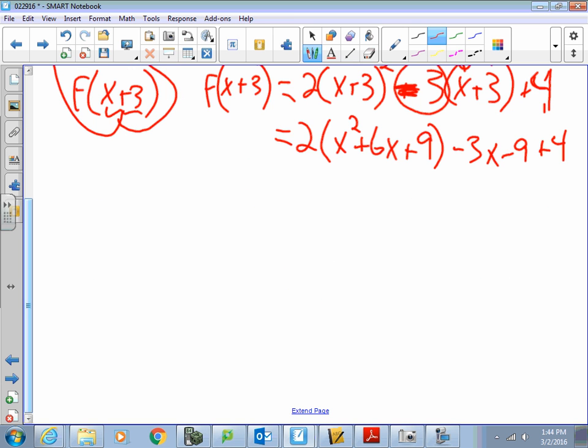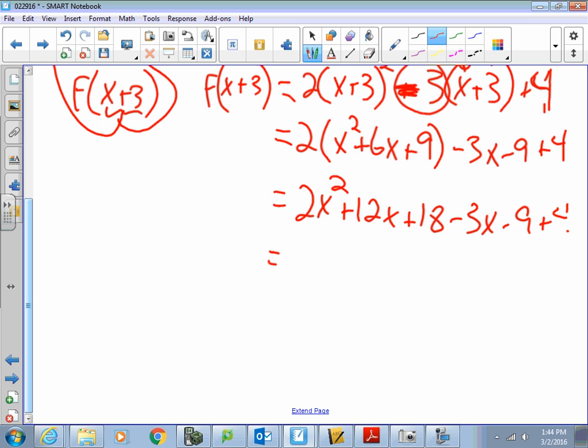All right, now we still have to do the 2. So this is equal to 2x squared plus 12x plus 18 minus 3x minus 9 plus 4. We have a like term here, so we have 2x squared plus 9x.